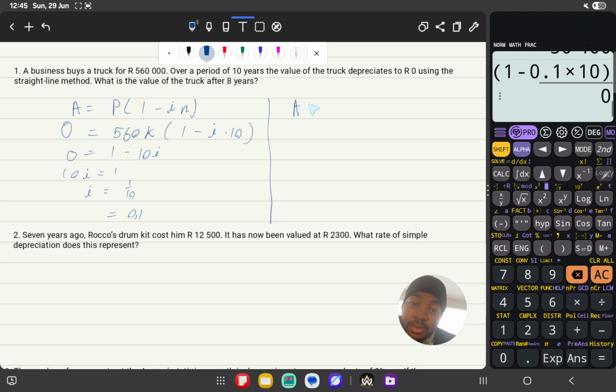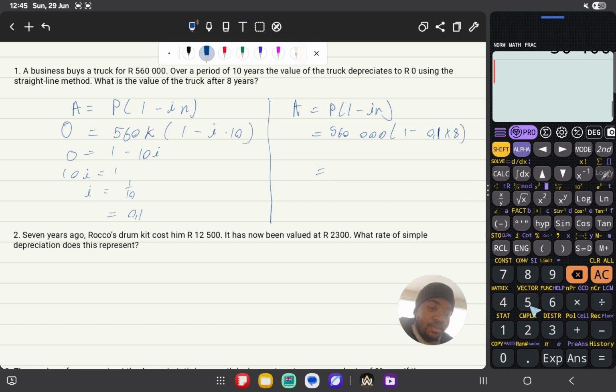All right, so we use the same formula. We do the substitution here: 560,000 times (1 minus 0.1 times 8), which is after the end of 8 years.